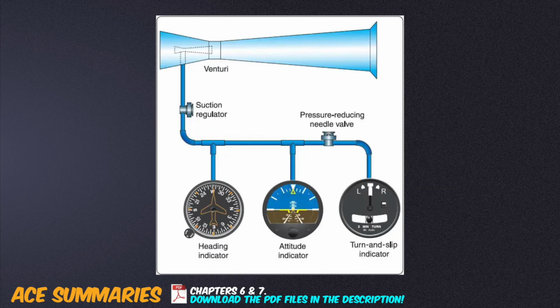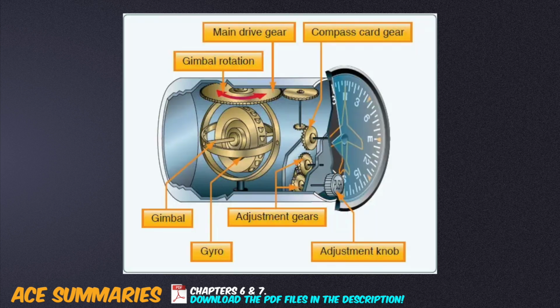Gyroscopic flight instruments are the heading indicator, the attitude indicator, and the turn coordinator. Gyroscopes measure the force exerted on its rotor body when its housing maneuvers, the housing being attached to the aircraft.